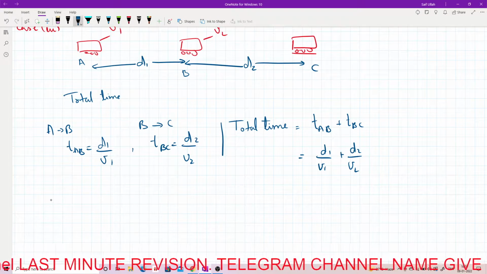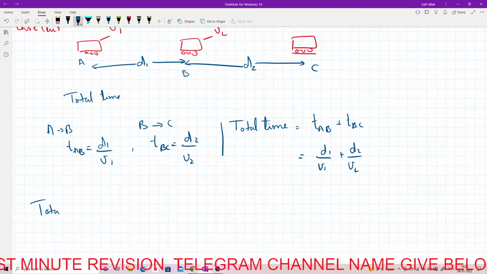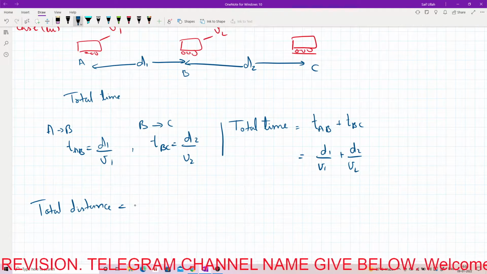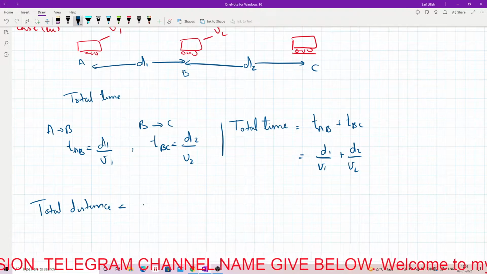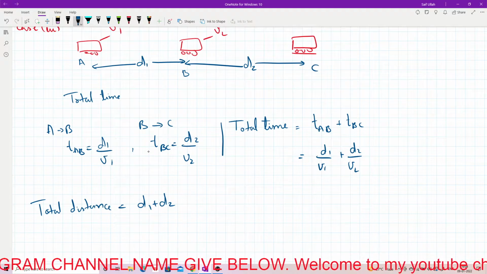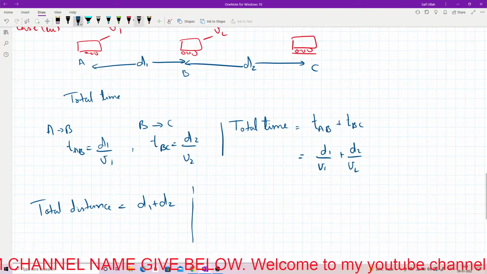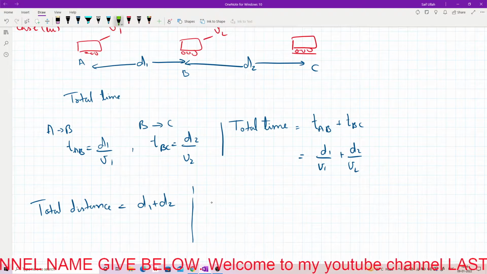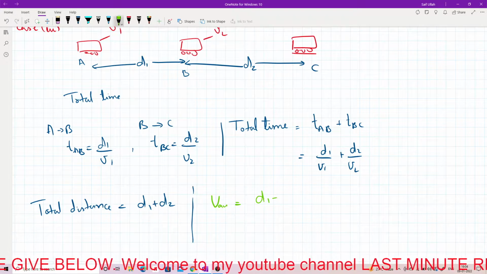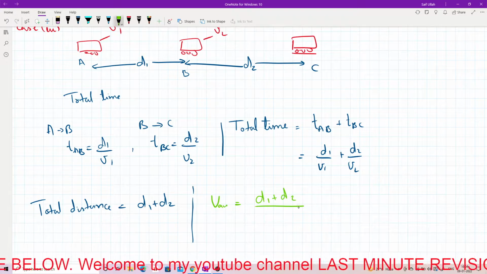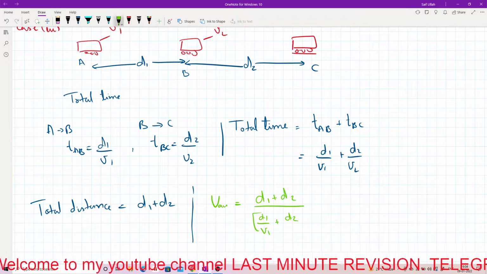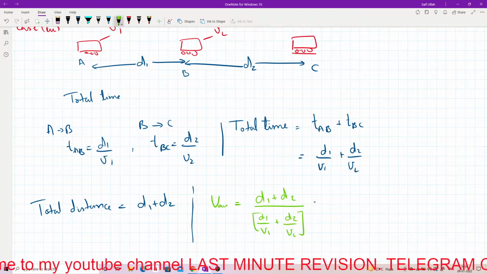Now let's take the total distance. Total distance is given as d1 plus d2. Now substitute in the formula: (d1 plus d2) by (d1 by v1 plus d2 by v2).